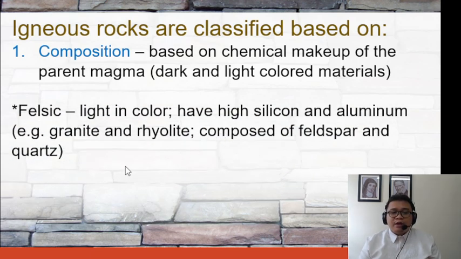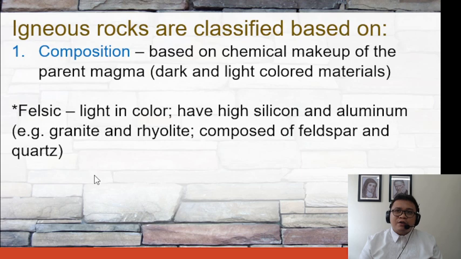For example, felsic igneous rocks, from the word felsic, means it's light in color, and usually these rocks have high silicon and aluminum content, like for example granite and rhyolite, which are composed of feldspar and quartz. So if you are looking for minerals like feldspar and quartz, then one type of rock you should look into is granite and rhyolite.